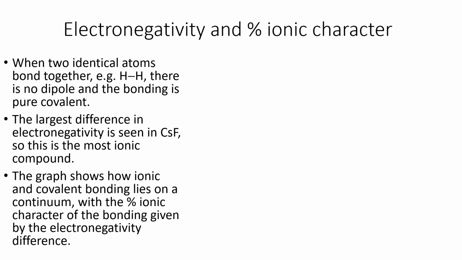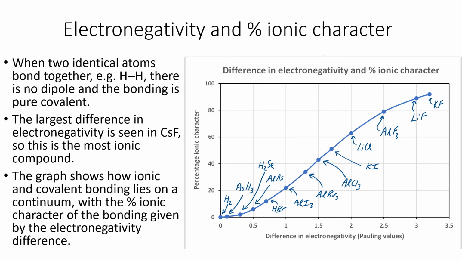In fact, this has been estimated in the graph that I'm going to show you here, where on the x-axis we've got the difference in electronegativity on the Pauling scale, and on the y-axis how this is said to correspond to the percentage ionic character. So you can see that if there's no difference in electronegativity, so that's two atoms of the same element, the percentage of ionic character will be 0, as we were saying before. And then right at the top, you'd expect to see cesium fluoride.